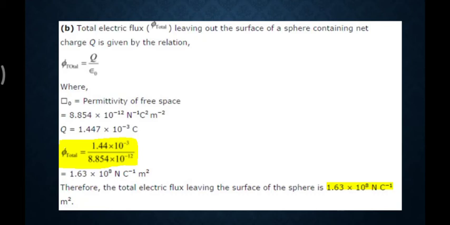Then your phi total is equal to 1.63 into 10 to the power 8. The fundamental unit of flux is Newton meter square upon coulomb, or if you directly want to see it, Newton coulomb inverse meter square can also be used. Very easy. Okay, you can take a breath by pausing the video, but I can't. I have to proceed to the next example.